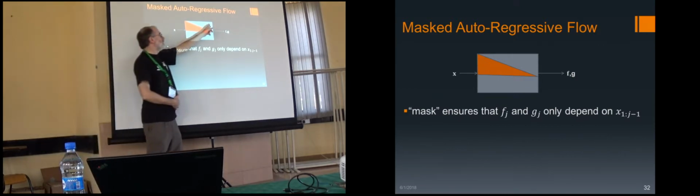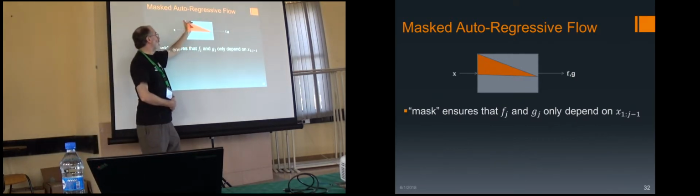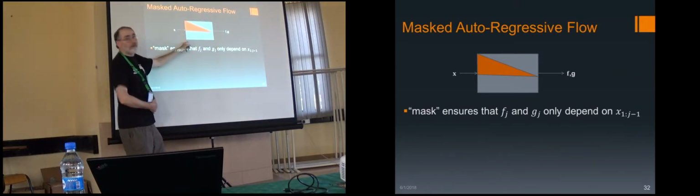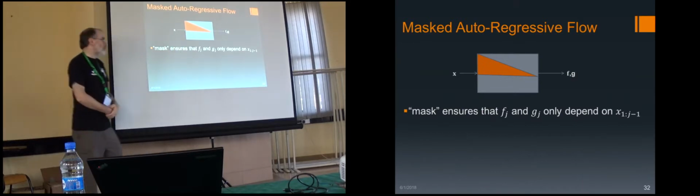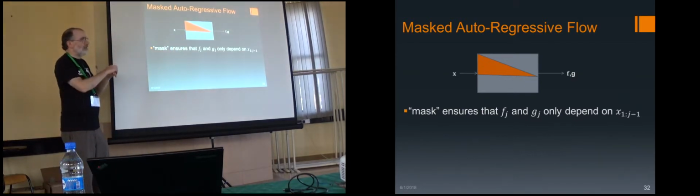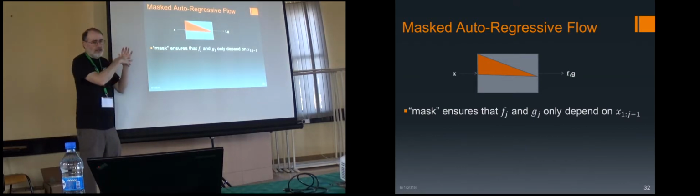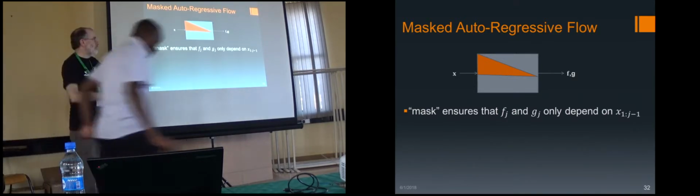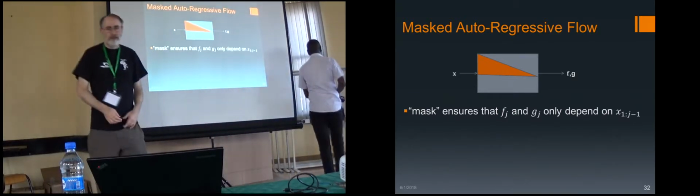The very first values can only depend on x1, and then this one can depend on x1 and x2, and so on. And this last value down here can depend on all of x. So effectively we're setting a lot of the weights in the neural network to 0. And when you do this, then instead of having many, many different neural networks, we can just do it all with one neural network that calculates f and g.